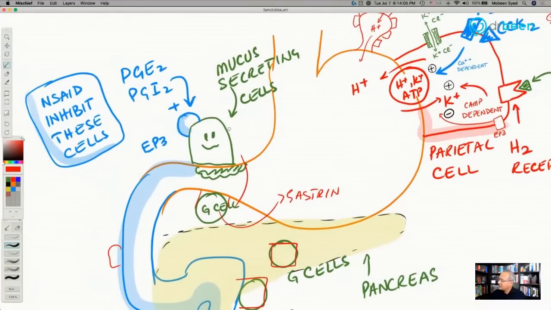What they do is produce mucus and keep secreting that into the stomach. Mucus is a thick, jelly-like substance. When it is secreted, it is slightly less jelly, but when it goes into the stomach, it becomes more jelly-like, and it creates a protective covering on the walls of the stomach.